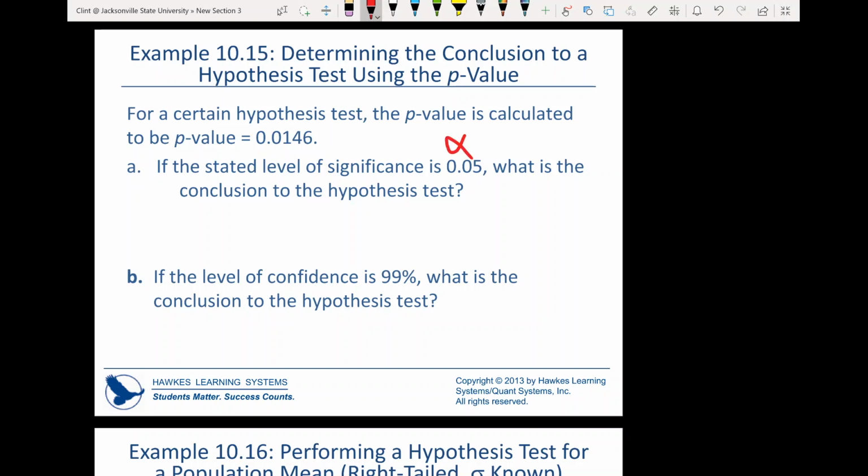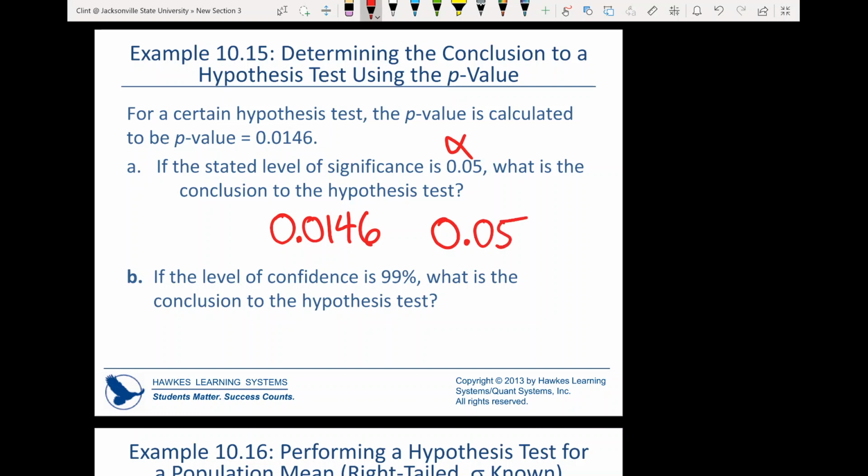Okay. And just to keep things from being confusing, it might be a good idea to always write the p-value on the same side. So for me, I usually always write my p-value on the left side. So my p-value is 0.0146. My alpha, my significance level, is 0.05. So what's our relationship here?